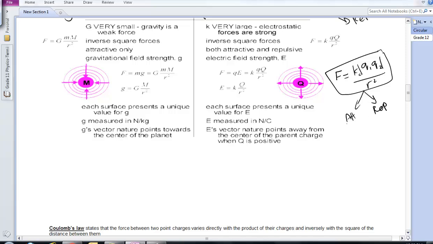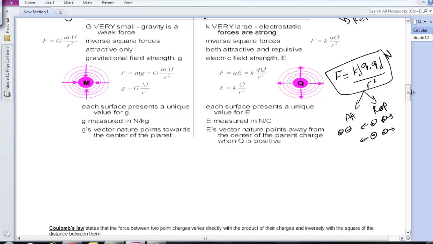How can I figure this out? They are attractive if they are different, they are repulsive if they are the same. And the unit of the electric force is Newton.